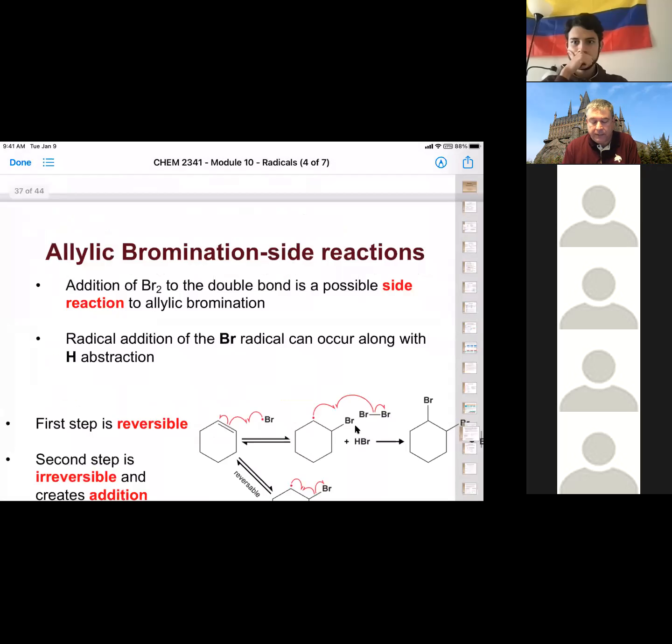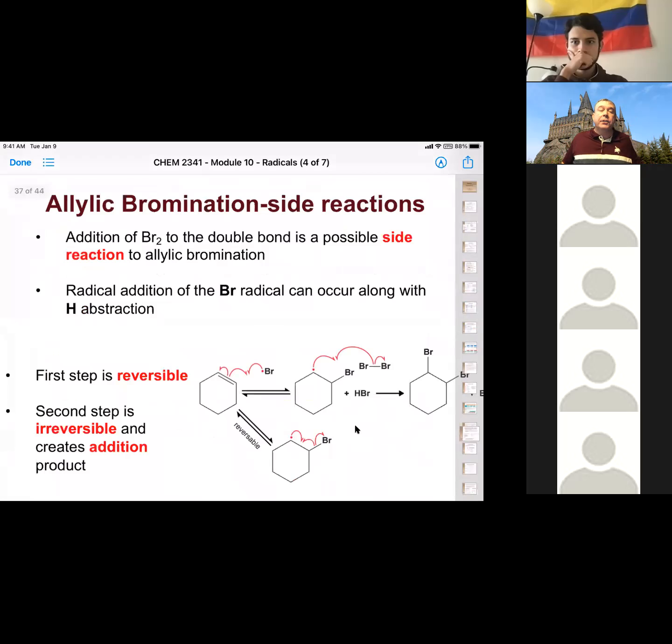There is a side reaction associated with this, and this is when we actually can add across that double bond. Fortunately, that first addition across that double bond is reversible and can give us our alkene back. So in the case of this, instead of doing an allylic bromination, where we brominate 1 carbon over from that alkene, we can actually get it to interact to create this new bromine bond and form that radical.